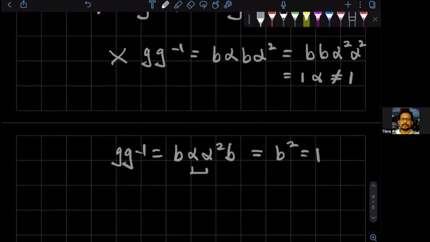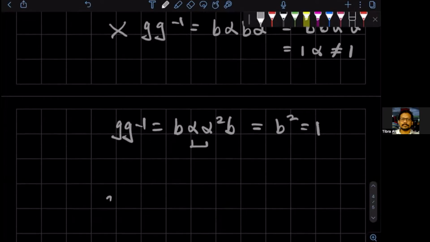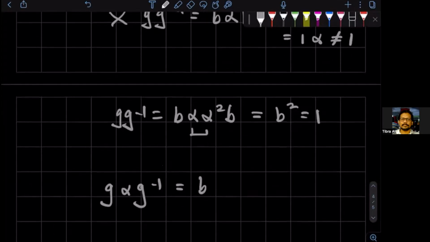So now if I use this, then G alpha G inverse, with G being B alpha, and then alpha squared B, right? So here we have alpha cubed, and alpha cubed is giving me E, the identity. Sorry, I should really use E here, not 1.